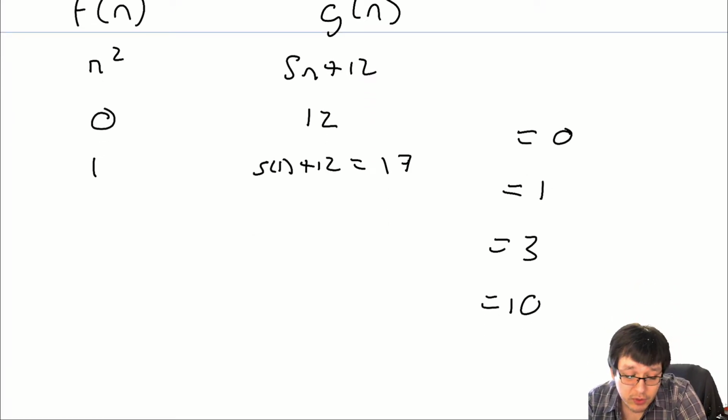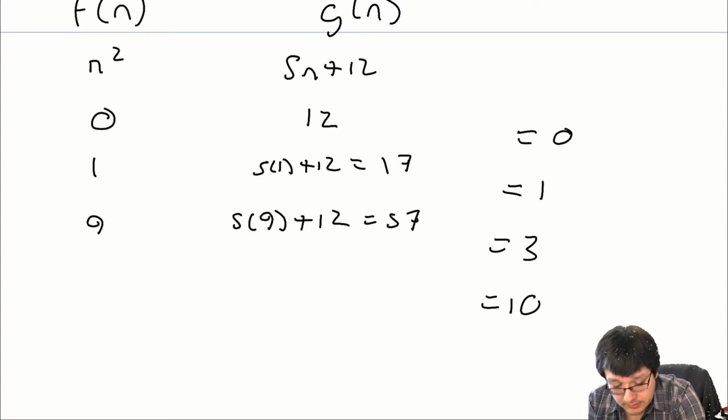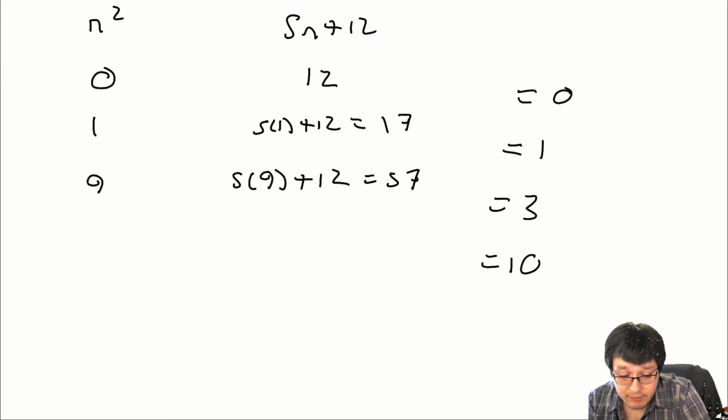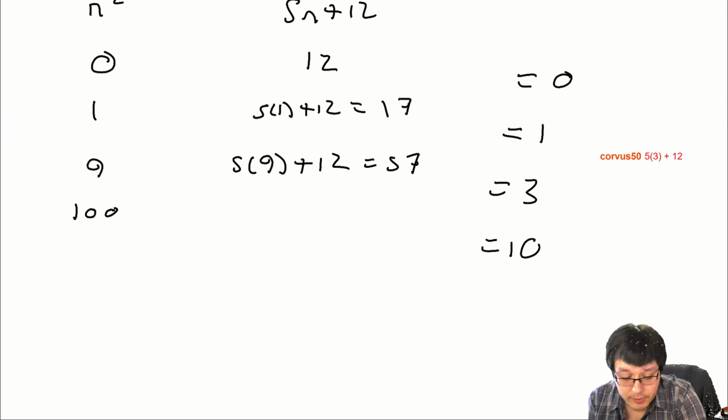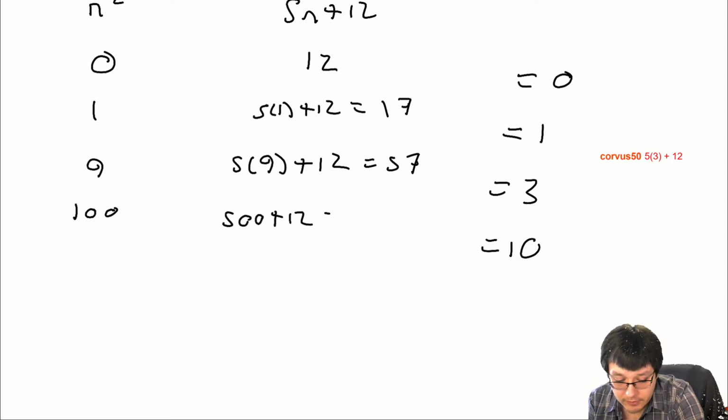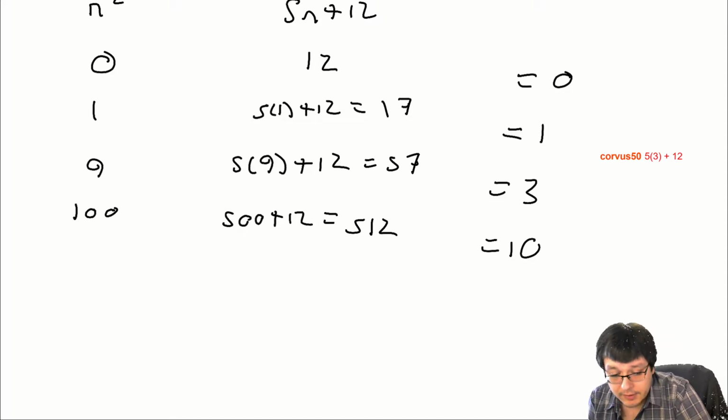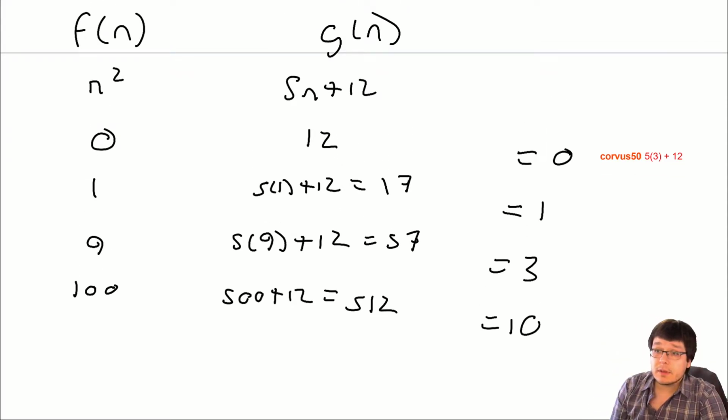So what is 3 squared? 3 times 3 is 9. This over here is 5 times 9 plus 12. 5 times 9 is 45, plus 12 is going to be 57, right? And then finally, 10 squared is 100, and over here, 5 times 10 is 500, plus 12 is 512. Okay? So, 5 times 3 plus 12.